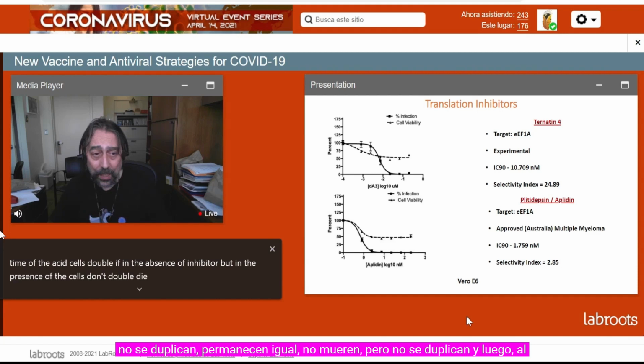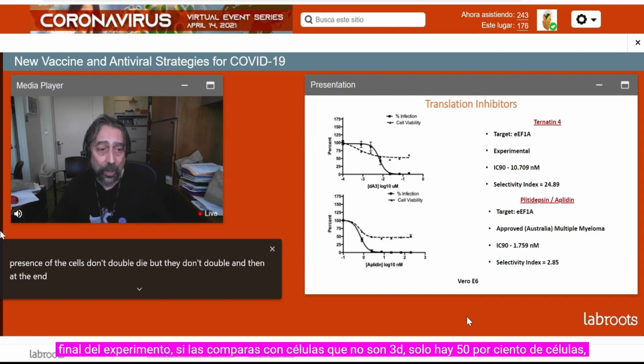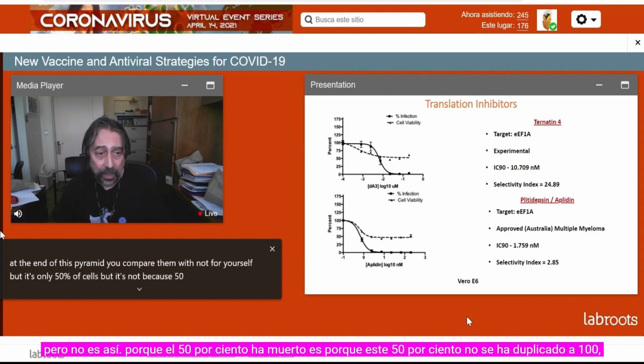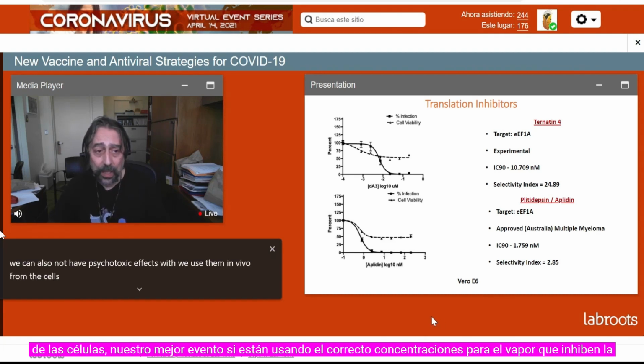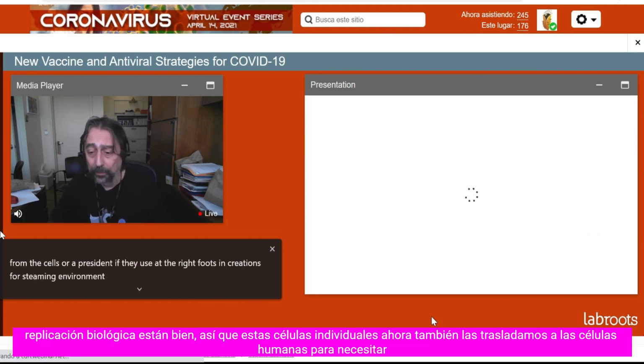They don't die, but they don't double, and then at the end of the experiment, if you compare them with not treated cells, there is only 50% of cells. But it's not because 50% have been killed, it's because this 50% has not doubled to 100%. So that means that perhaps we can also not have cytotoxic effects or adverse events when we use them in vivo, if they're used at the right concentrations for still inhibiting viral replication.